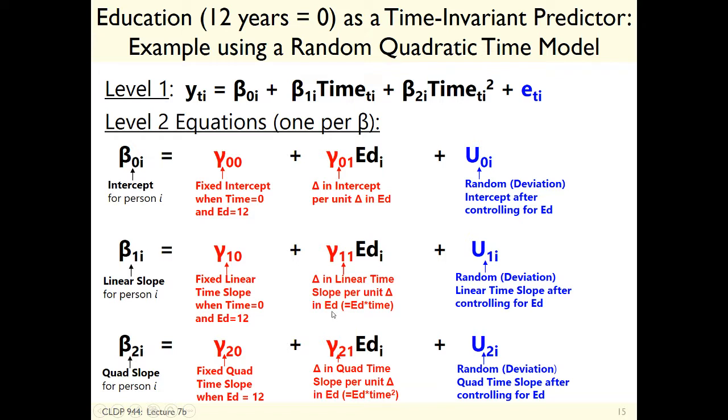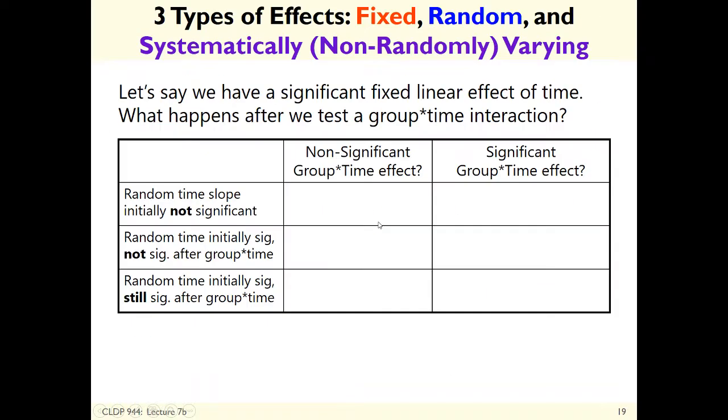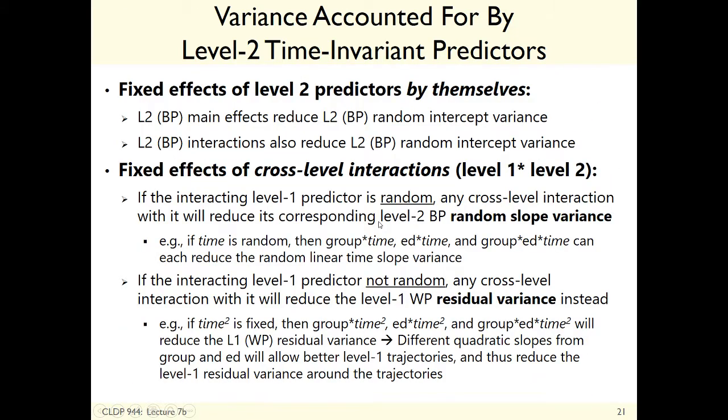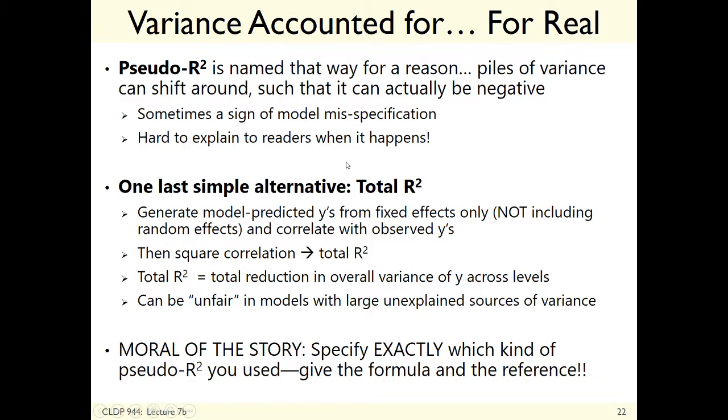Okay, questions so far? I want to skip ahead to something so I can start in the example. Slide 22. So far what we've talked about with respect to effect size is pseudo R-square predominantly.